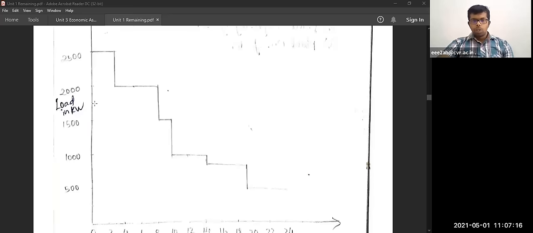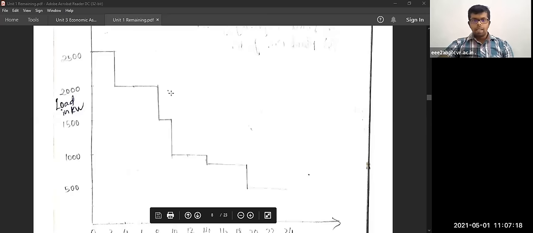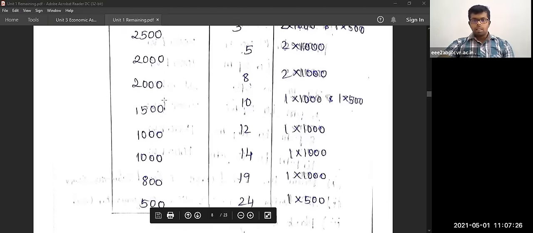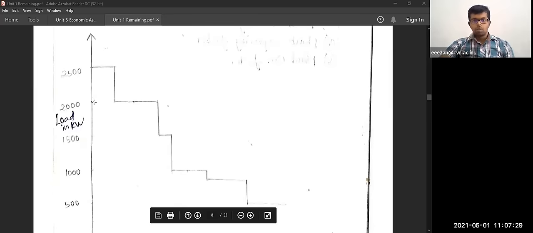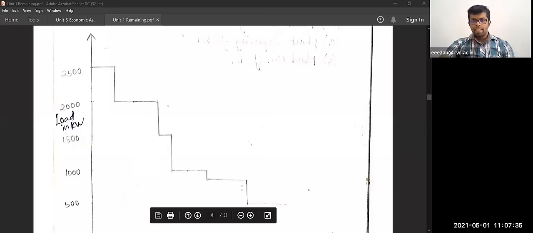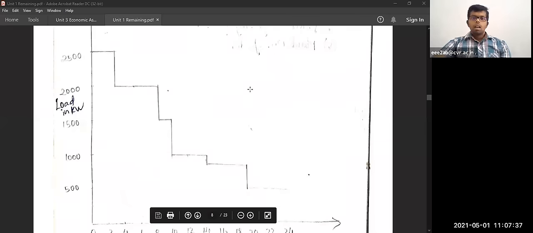While drawing the load duration curve, one thing you have to keep in mind: the load duration curve always has to be in decreasing order. Why? Because we have sorted all the units in descending order here. So it should always move in descending order like this. It should be decreasing. Then your curve is correct.